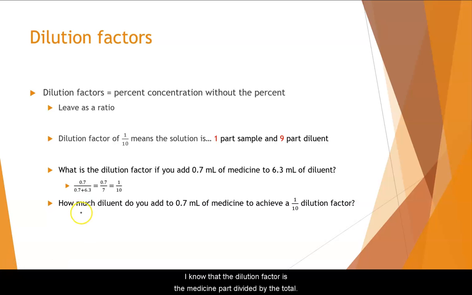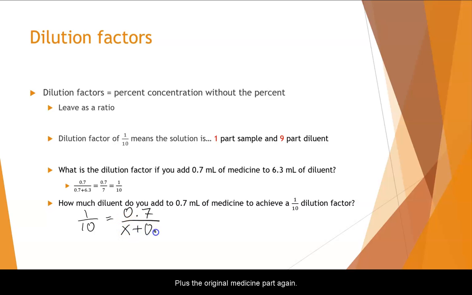So I know that the dilution factor is the medicine part divided by the total, which means the medicine part, I'm told, is 0.7 milliliters. And so there's got to be some amount of diluent that I'm adding in, plus the original medicine part again. So we've set up a proportion here. 1 over 10 equals 0.7 over x plus 0.7.